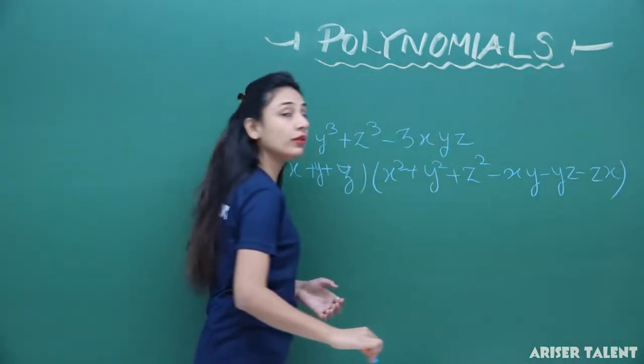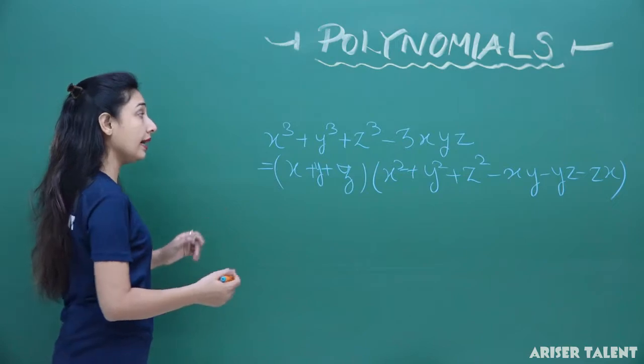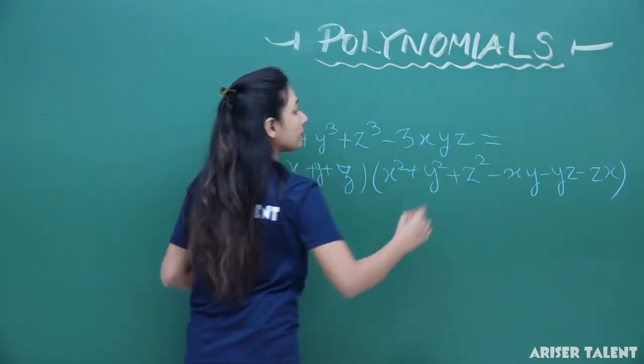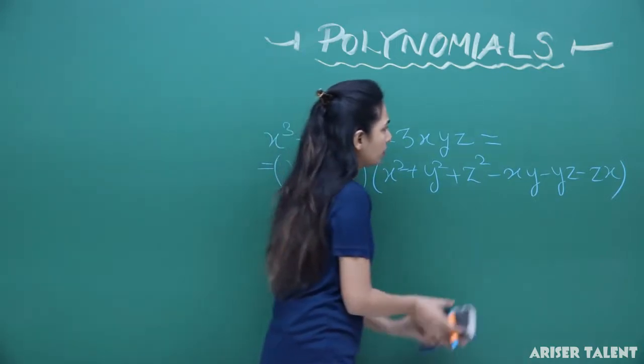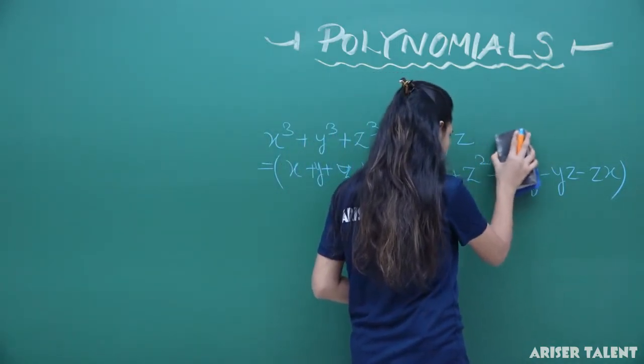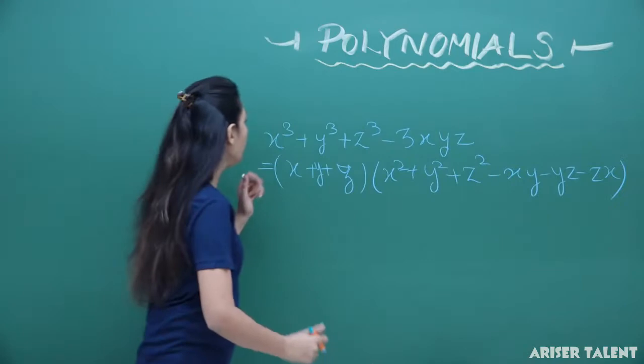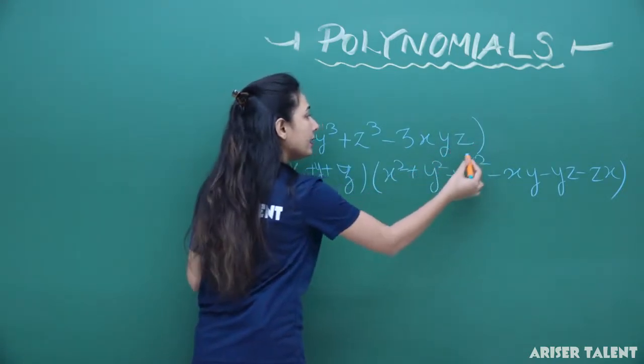This was the very formula. We find out that this identity is equals to this.